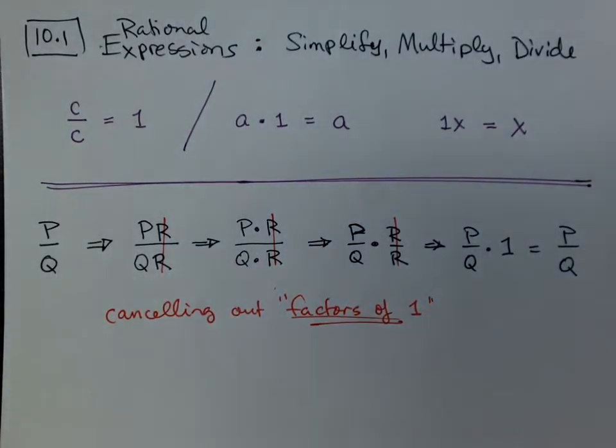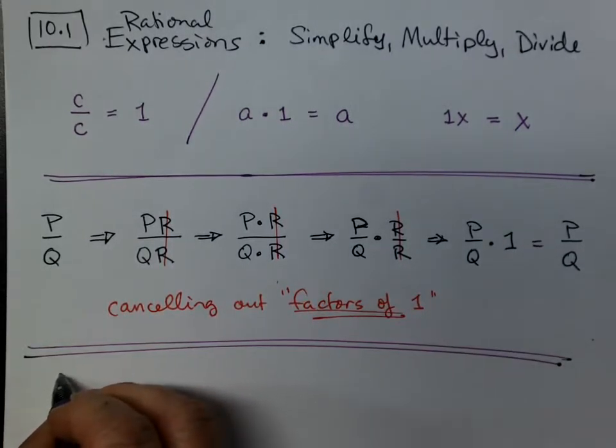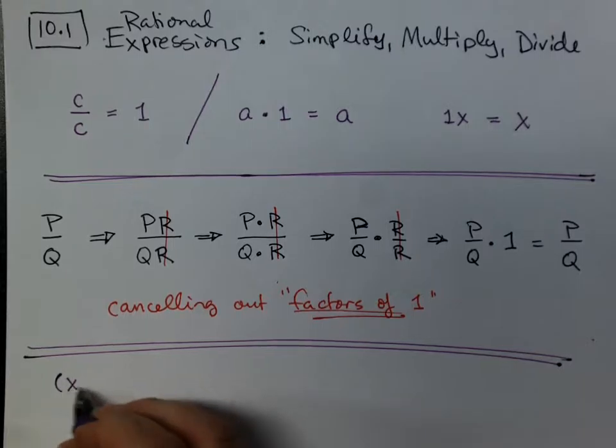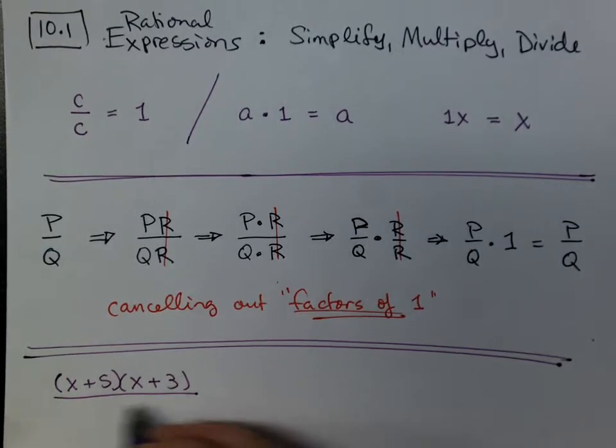Okay? Now, it's not just factors of 1 we're canceling out, though. There's one other thing we need to cancel out. Let me actually put this in terms of numbers first, so sometimes it's a little easier to see. Let's say, for example, and this is already fully factored, we're assuming you factored something completely, and you have x plus 5 over x plus 3 over, and on the bottom we'll have x plus 3 times x minus 2.